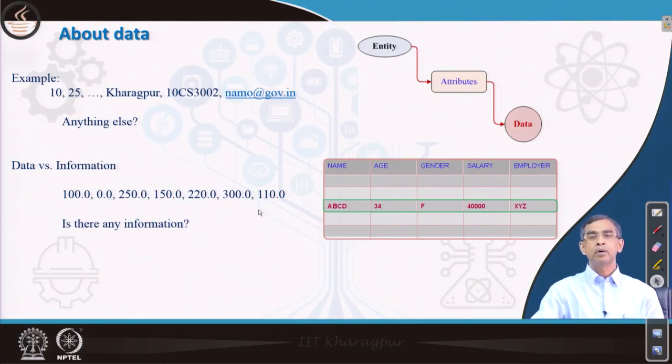We have to process it using certain algorithms or procedures, and in programming this processing is done by means of a program. So, if there is a program and data is fed to the program, the program will return information.